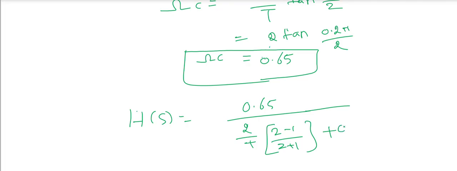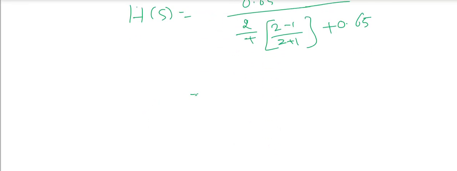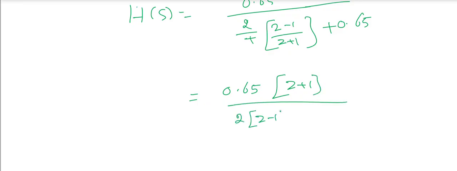Now simplify: 0.65 into z plus 1 divided by 2 into z minus 1 plus 0.65 into z plus 1.